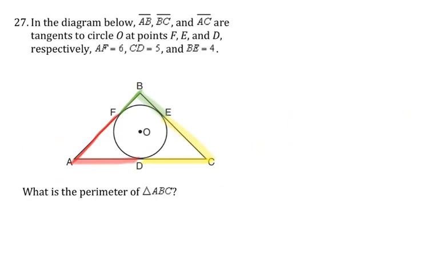So AF is equal to 6. That makes this one equal to 6. CD is equal to 5. That makes CE equal to 5. BE is equal to 4. That makes BF equal to 4. So what is the perimeter? We just have to add up all the sides. If you add up all sides, then our perimeter becomes 30.